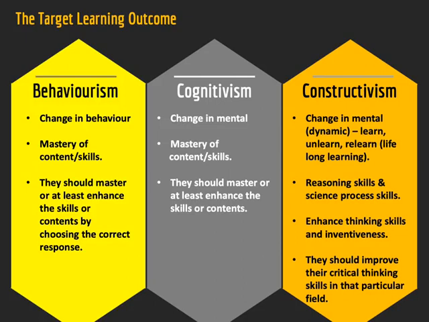On the other hand, cognitivism aims for the change in mental, the change in the way students process and store the information in their mind. Similar to behaviorism, cognitivism also aims for the mastery of content or skills.